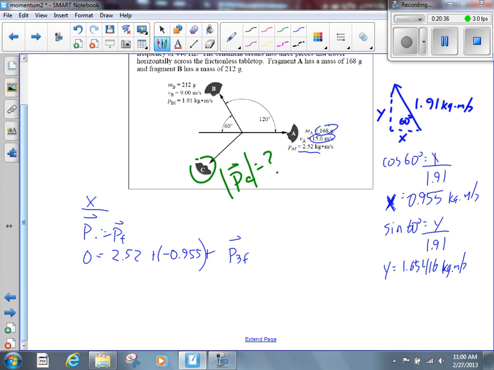Remember I told you yesterday that usually when you get a two-dimensional thing like this in multiple choice, there's usually some kind of shortcut. If you spot it, that's great. If you don't, then do it the long way. Just takes you a little bit more time, that's all. What do we end up getting for P3F X component here?